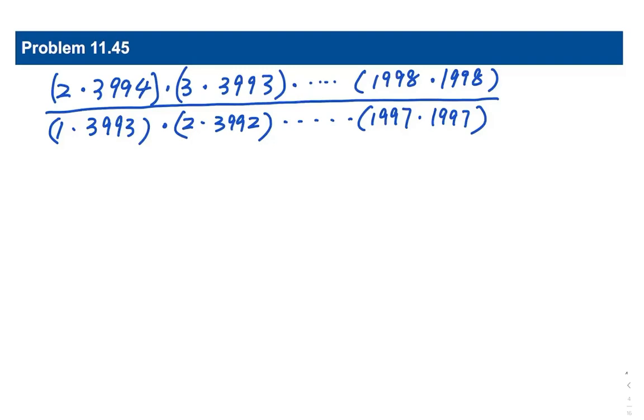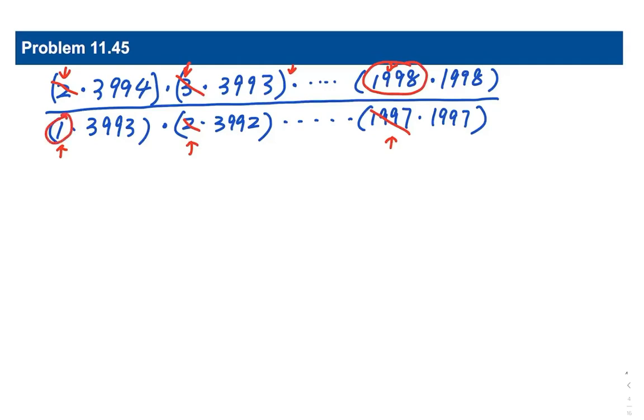For example, this is 2, 3, and then we'll have 4, 5 until 1998. And here we have 1, 2, 3, 4 until 1997. So these will be cancelled. So 1998 will stay, and 1 will stay.